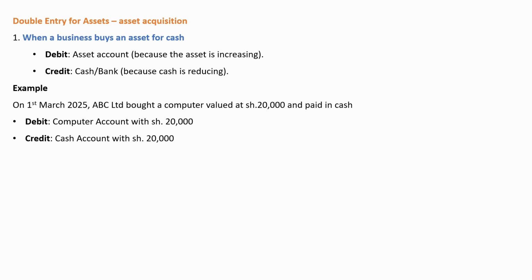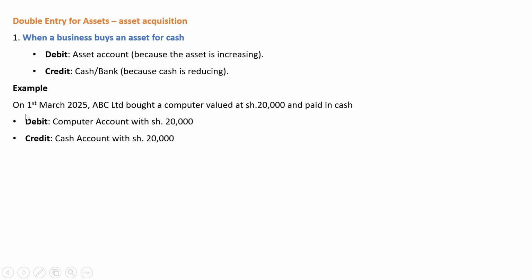So the asset that is increasing is the one that we are debiting. For example, if you buy a computer, you are going to call it computer account and you debit computer account. And then if you have paid by cash, cash being an asset has reduced, so you are going to credit cash or bank account.